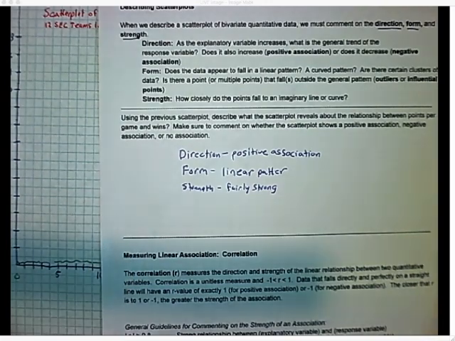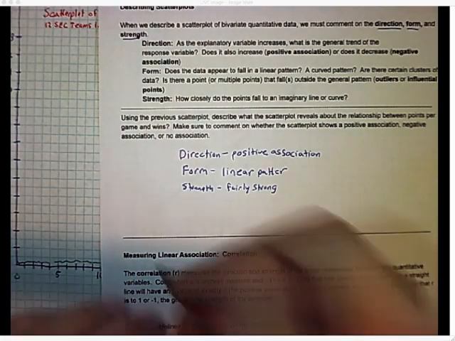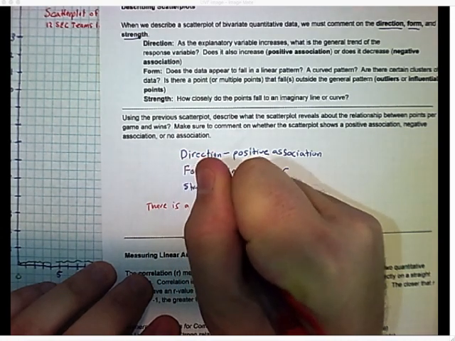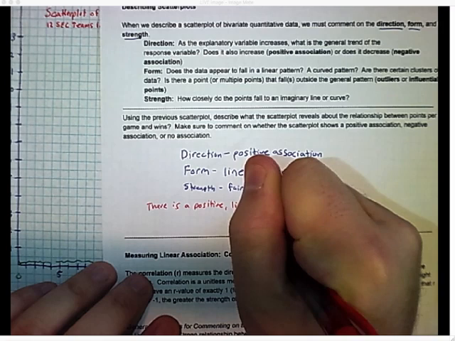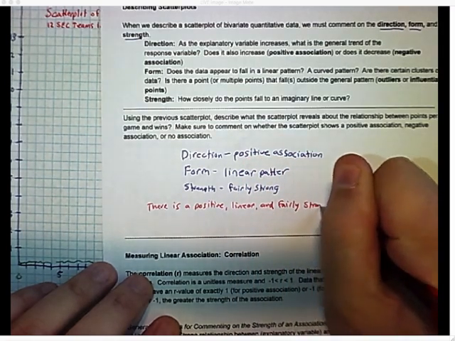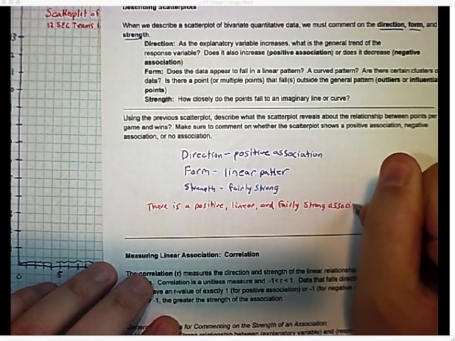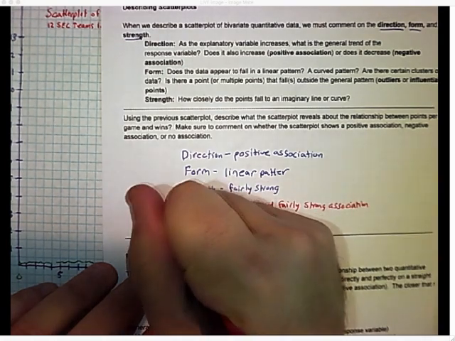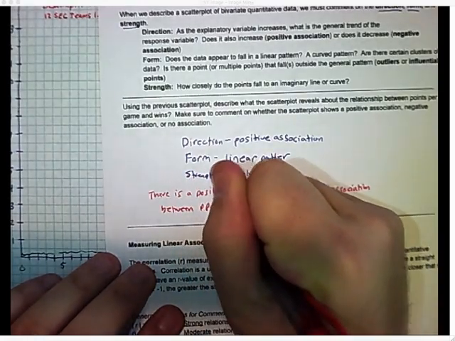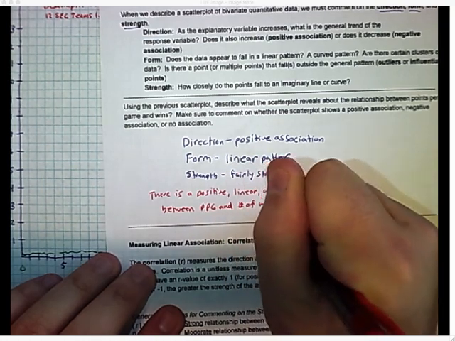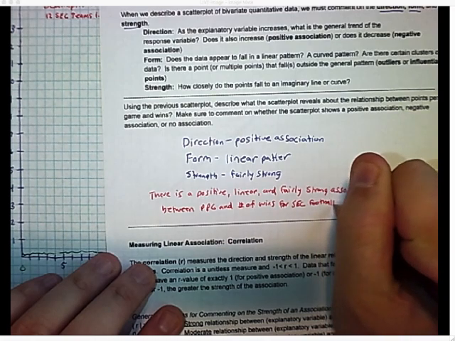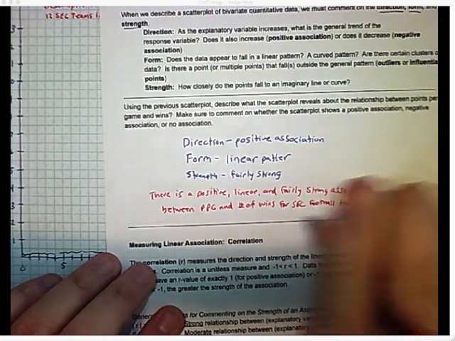Okay, and then when we put these things together, you can make a sentence like this. There is a positive, linear, and fairly strong association between the variables, points per game and number of wins, for SEC football teams in the year 2011.